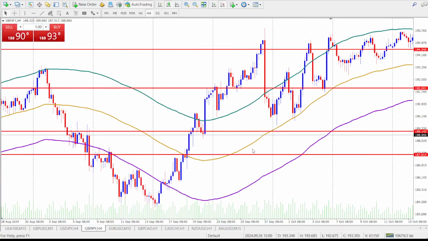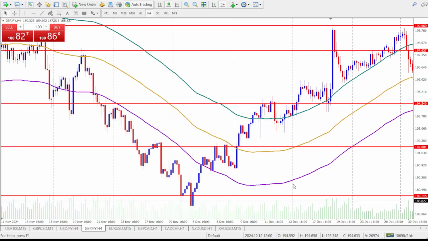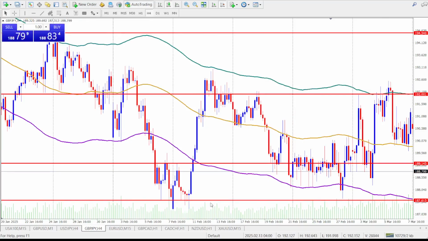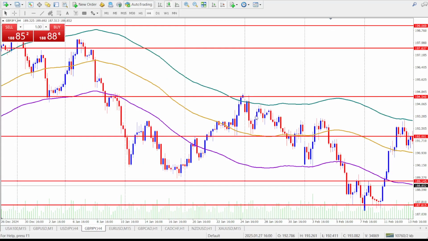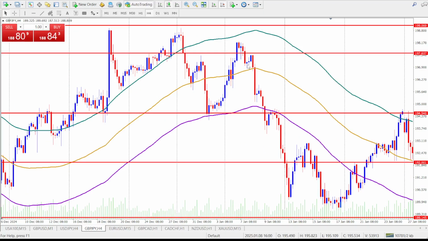Let's say you got a good opportunity to enter a buy trade, and you are risking 10 pips, for example, your potential profit target should be at least 20 pips. If you get a good opportunity to enter a sell trade and your stop loss is around 10 pips, your potential profit should be at least 20 pips. That's two times your risk. That's a good risk to reward ratio.